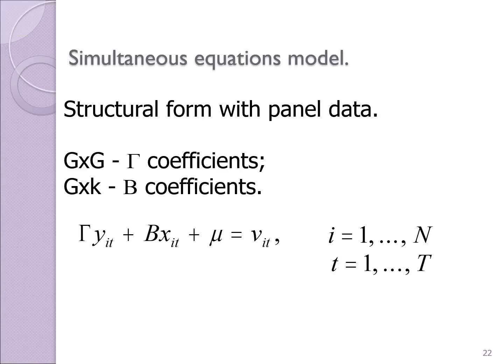So that would be the system here: capital gamma times Y_it plus beta X_it plus nu, and that is equal to nu_it.